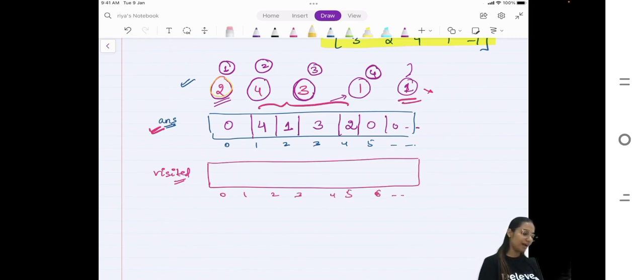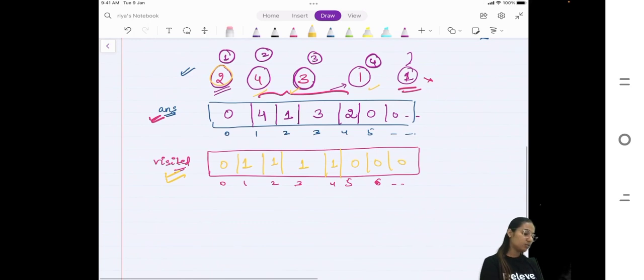So 2 is a valid height, so I will mark it as 1. 4 is a valid height, so I will mark it as 1. 3 is a valid height, so I will mark it as 1. 1 is a valid height, so I will mark it as 1, and this is not concerned. And rest all values will be 0. So whenever you get a height in which the visited array is showing 0, that means it's not a valid height, right? There's no person who's actually existing with that particular height.